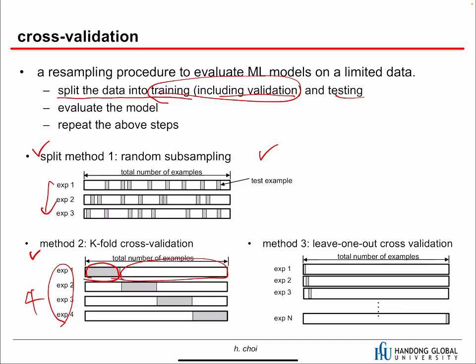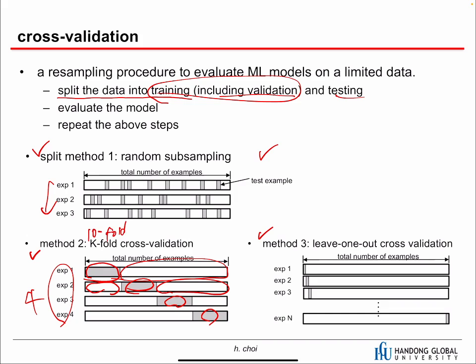And in the next experiment, we use this 75% of the data samples for training and this one for testing. In the third experiment, this one is testing, the others are training. And the last, this one is for testing and the others are for training. When we have some limited number of samples, then usually 10-fold is most popular.